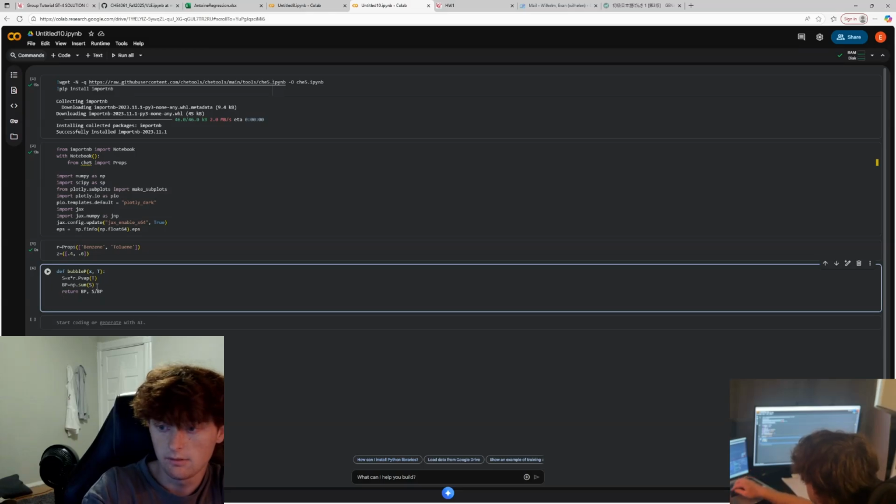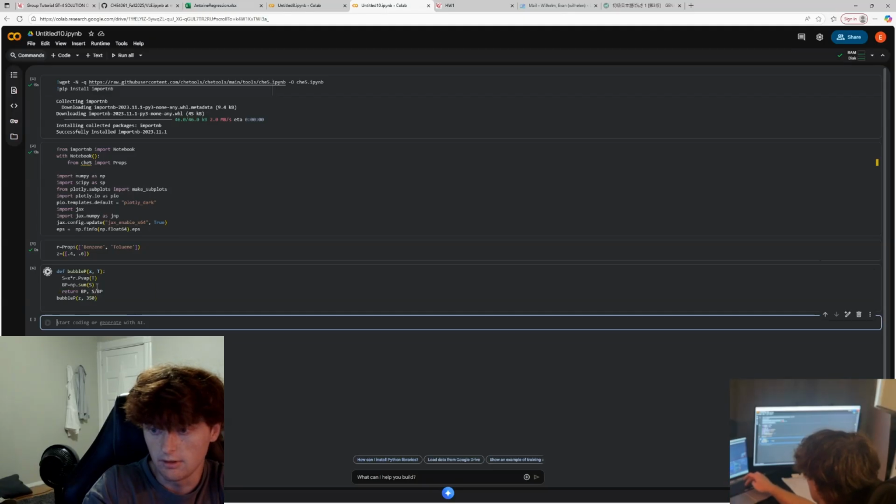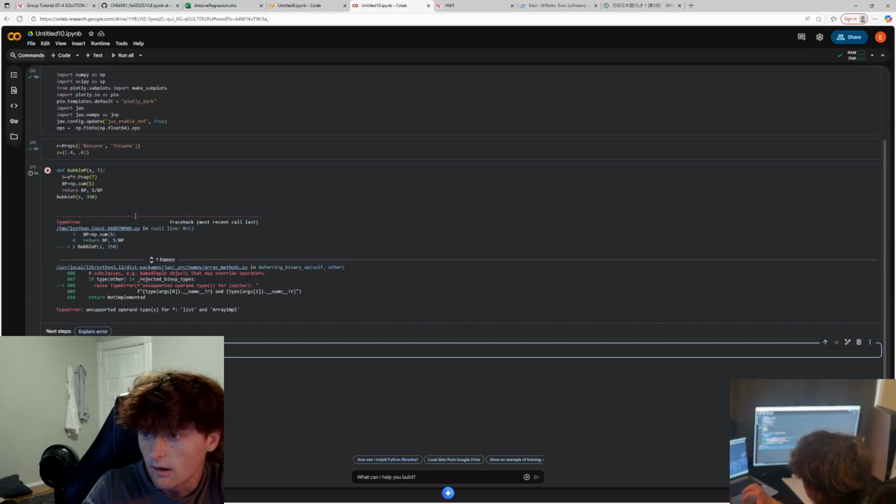Okay, now we can try this out. Bubble P, our X is our Z, and then our T would be our 350 according to our homework, and shift enter. See what this is saying.